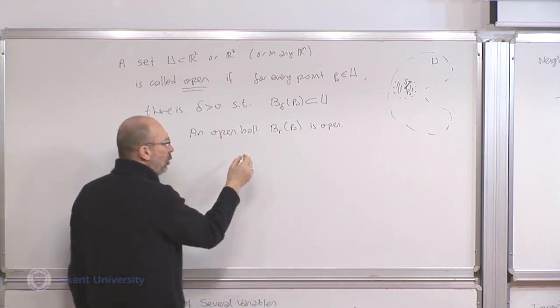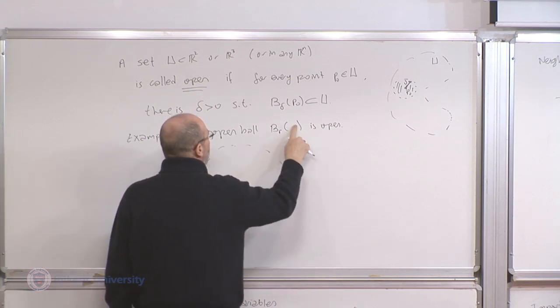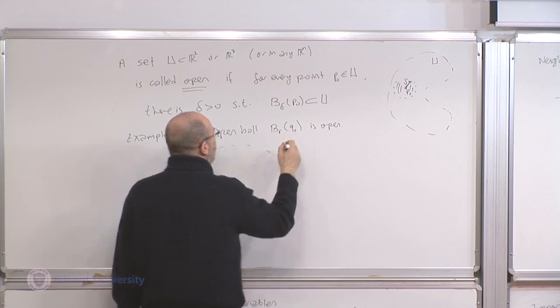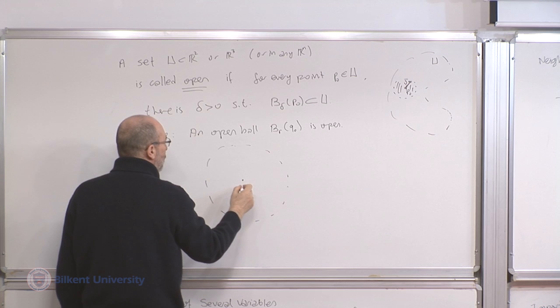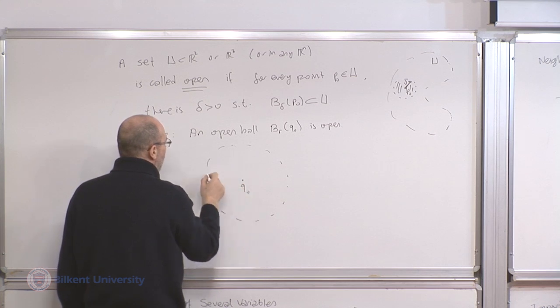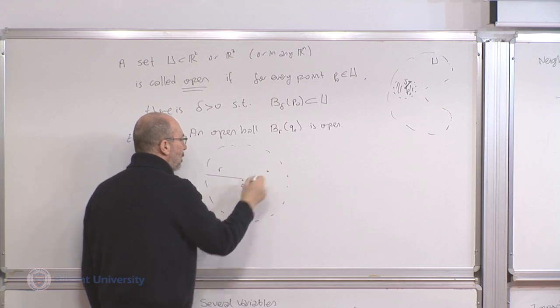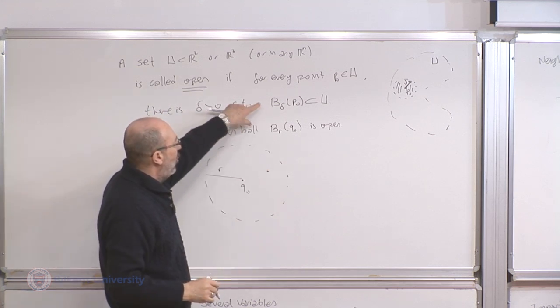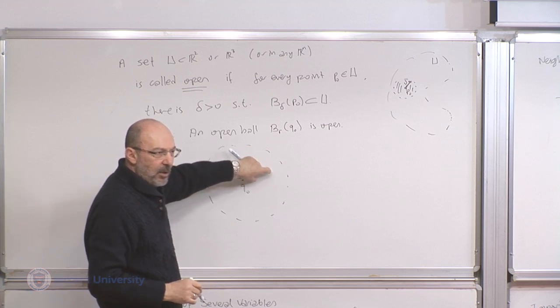I'll show this by picture. Let's call this Q sub 0 so that I can use precisely the same notation here. So this is Q sub 0, the radius is R. Take any point here. Can I find a small ball that totally lies in it? We can immediately see in the picture that we can do it.